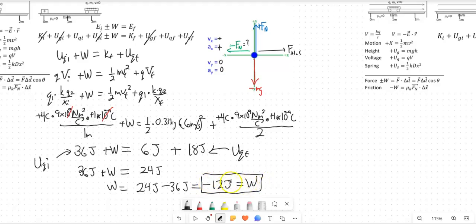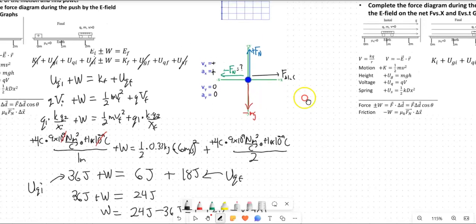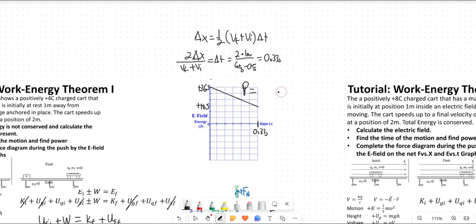This is a loss of the total amount of energy from the system. So this is the total amount of energy. However, the loss or change in the electric field, because the electric field is getting weaker the further it goes from a point charge. We're just plotting the loss of power due to the point charge working on our cart, which is 18. So it drops.